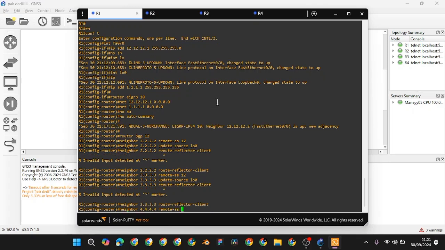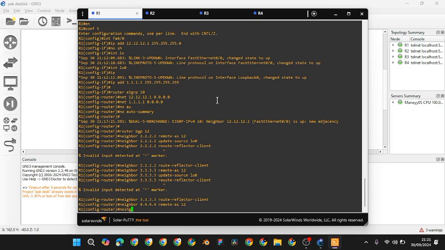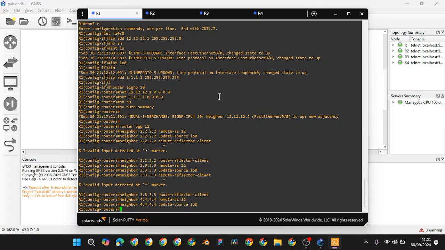I actually want to repeat it, but there is a lot of work that I cannot. Before I filmed this, I already tried about 5 times, but I didn't record it, though. The route reflector client.